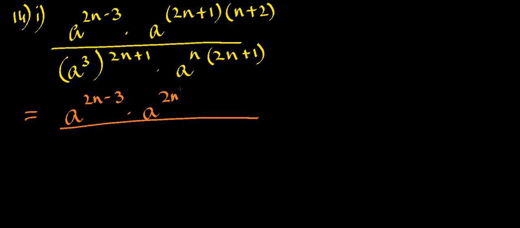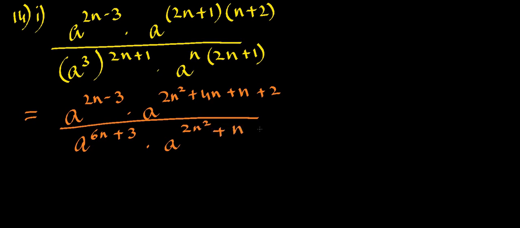I get 2n square. 2n multiplied by 2 gives me plus 4n. 1 multiplied by n gives me plus n. And 1 multiplied by 2 gives me plus 2. So n over here, upon a raised to 3. 3 into 2n is 6n plus 3 into a raised to 2n square plus n.